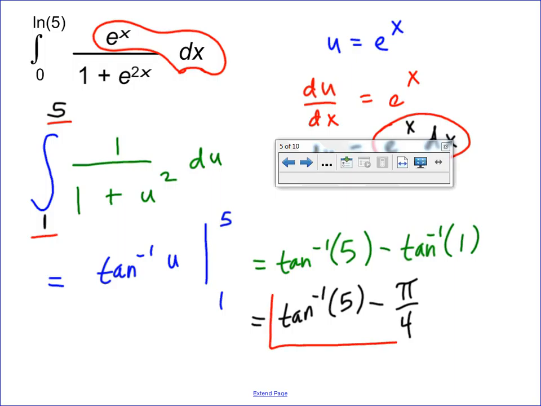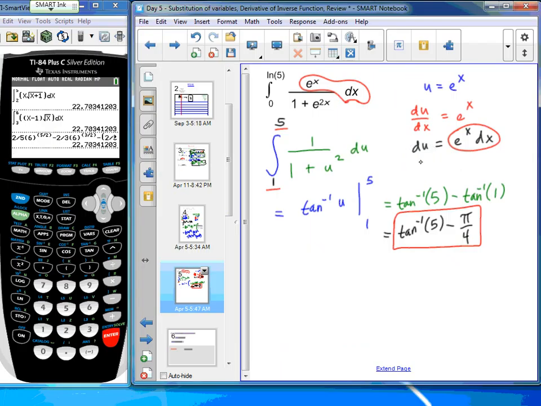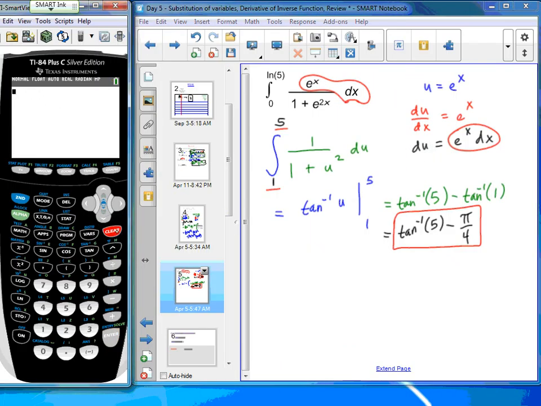We're going to do a triple check. So here we go. We want the math 9 from 0 to ln 5 of, oh boy, how am I going to write this?